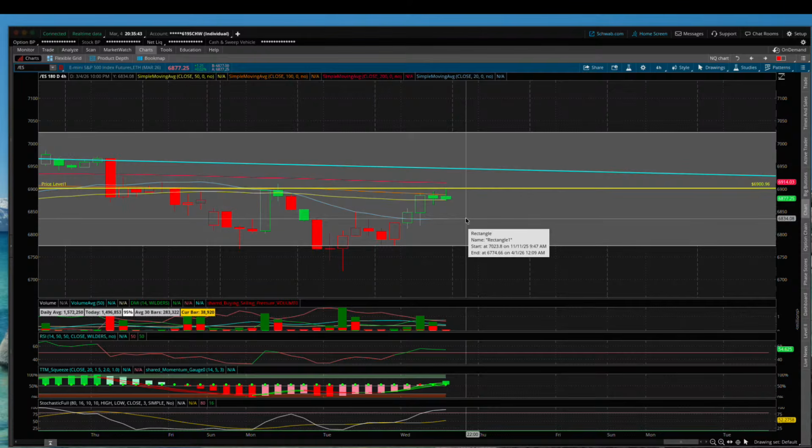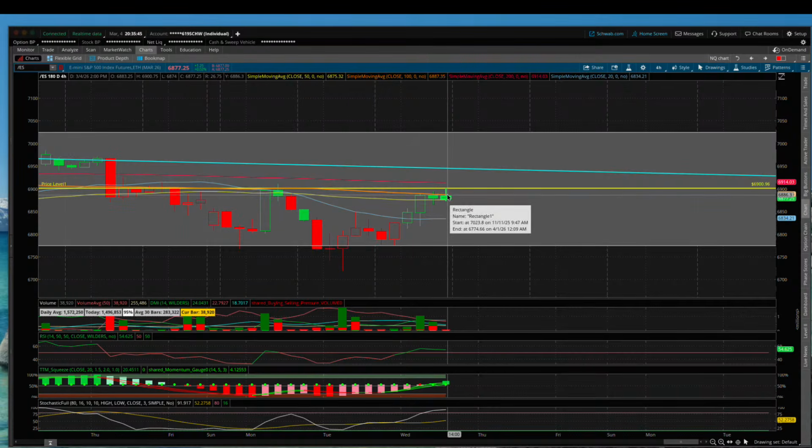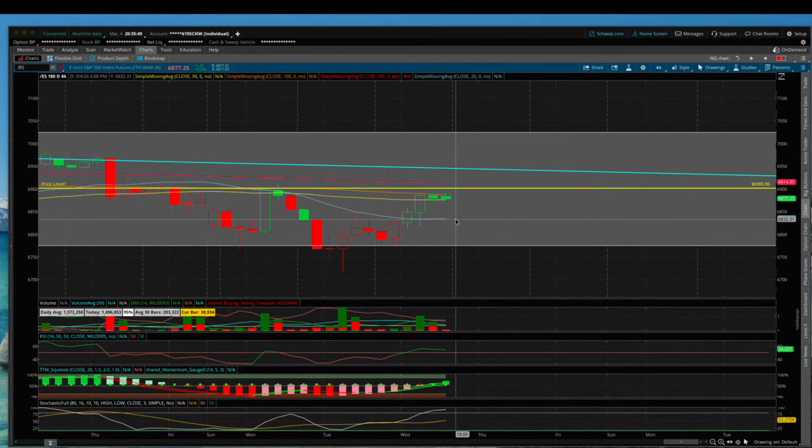All right. Now, I'm still in puts, but if we start hanging out at the 68.30, or we can't break that 67.80, we're going to have to play it appropriately and jump in calls, get long calls, and the potential for this to break out.